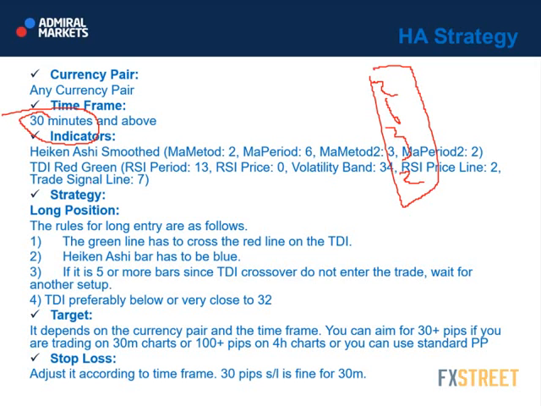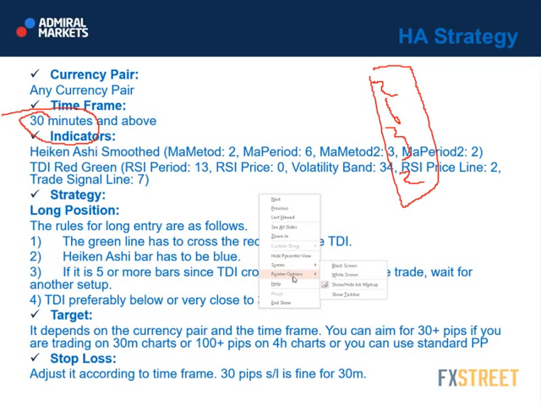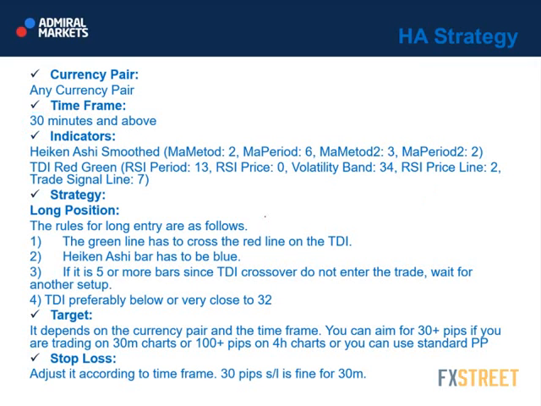These are basically the default Heiken Ashi Smoothed settings. You also need a TDI red-green indicator, which we will refer to as TDI, Traders Dynamic Index. The TDI indicator is also on default settings for this system, as I have described here.